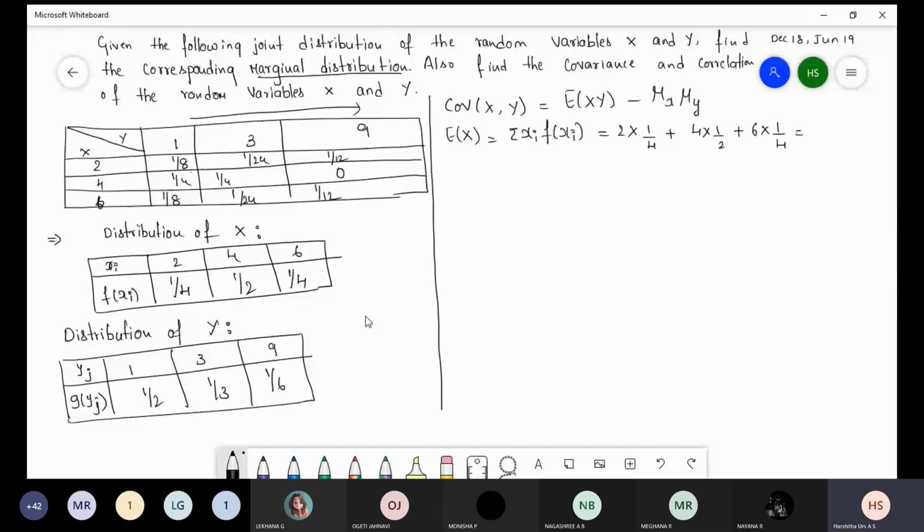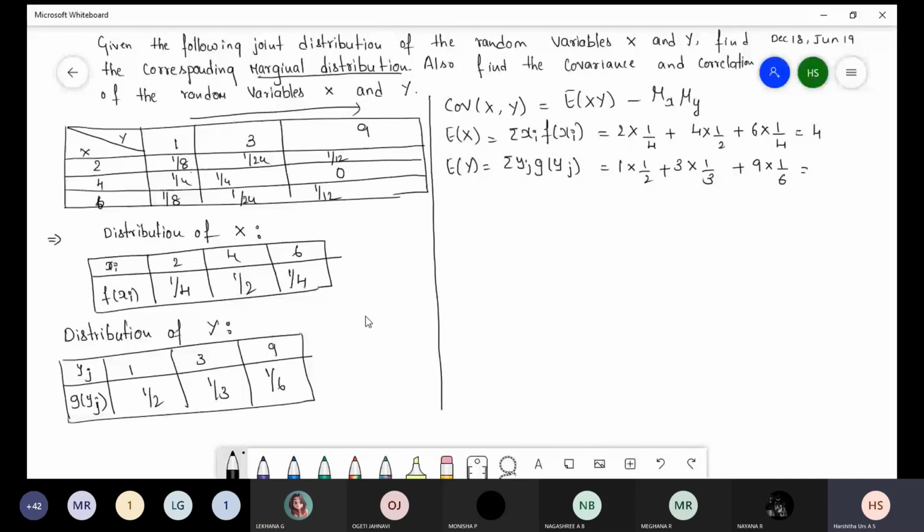Next, E of y is the sum of yj into g of yj: 1 into 1/2 plus 3 into 1/3 plus 9 into 1/6, which is 3.